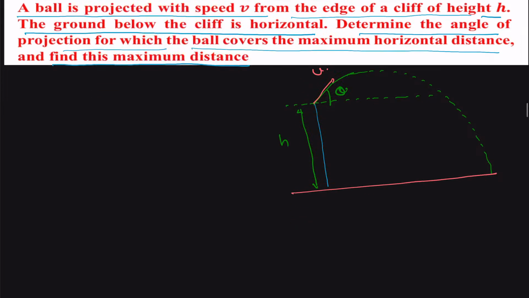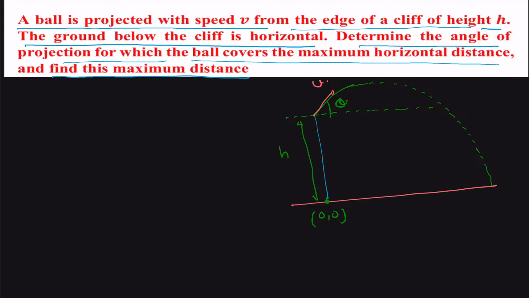Let us assume that the bottom of the cliff is our origin, so this becomes 0, 0, and so we can say that the top of the cliff will have a coordinate of 0, h.